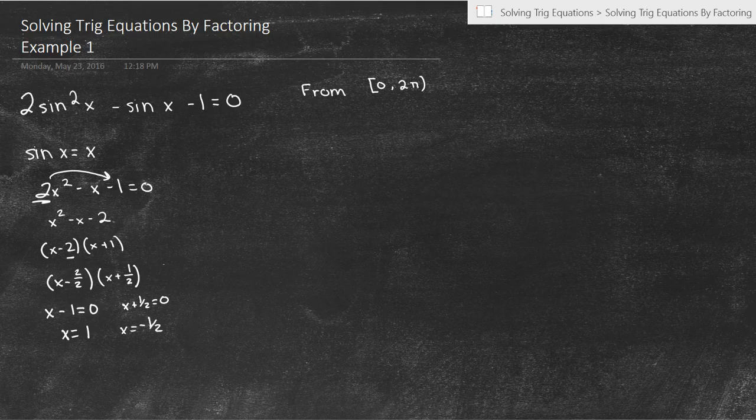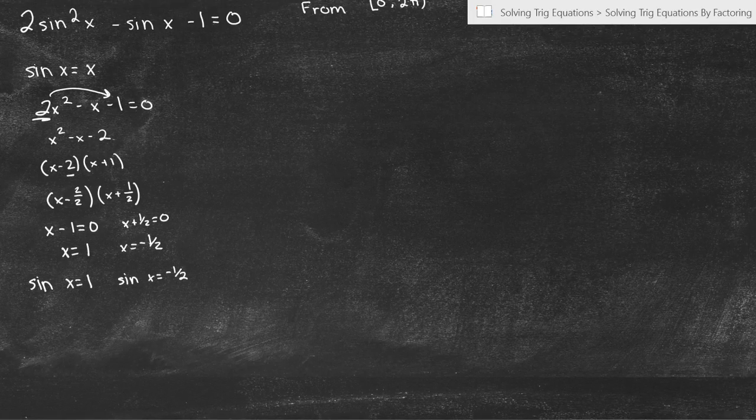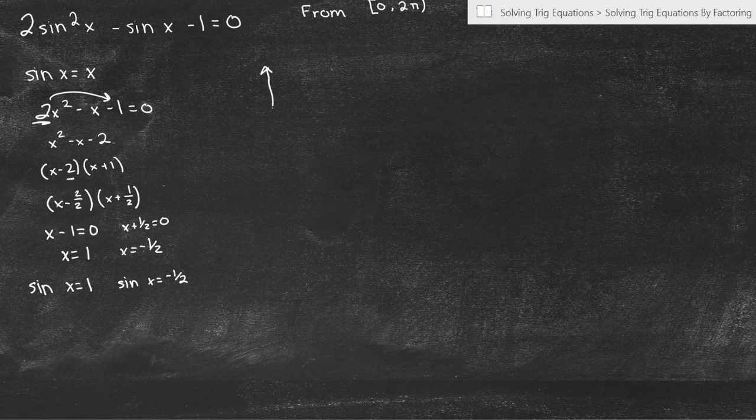And now I can just plug back in my sine, so I'll get sine of x is equal to 1, and sine of x is equal to negative 1/2. And now I think about my little trick I use to memorize the unit circle, and about when things are positive and negative.